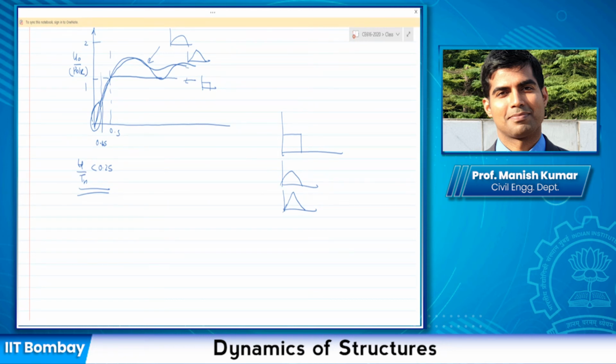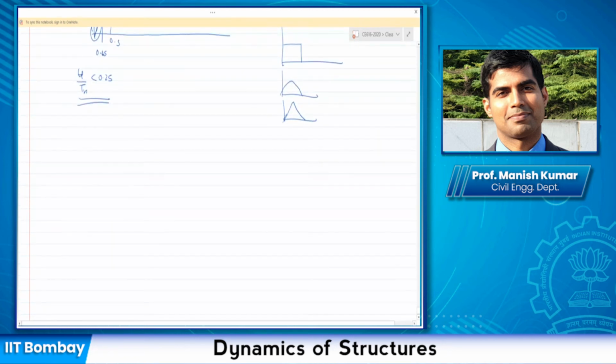What you can do, you can do two things here. You can either go through the conventional method, assuming that it is not an impulse, and then you can use the expression. Remember, we had derived that u(t) equals u(td) cos ωn(t − td) plus u̇(td)/ωn sin ωn(t − td).